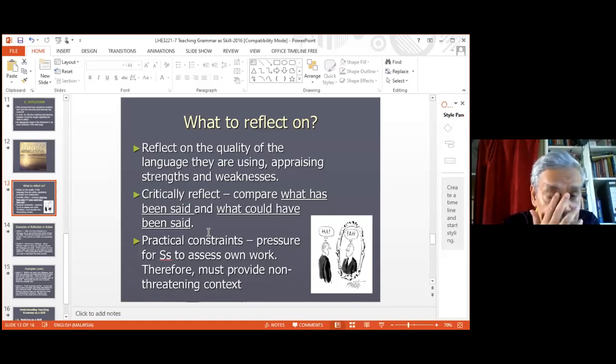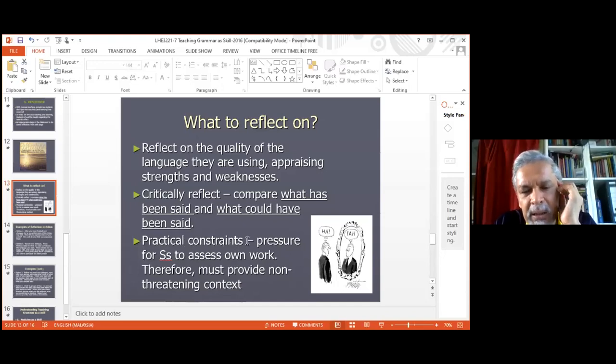But if they really want to learn the language, if we can really encourage and motivate them to say that the language is so important and they should be learning it, maybe they can come to a stage where they can actually compare what they said and what they could have said, how they could have said it better, and so on and so forth. So this is reflection also. This is a skill, an ability that they want to develop.